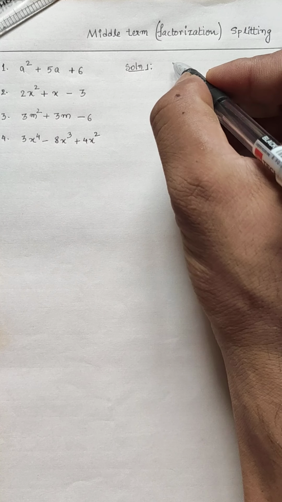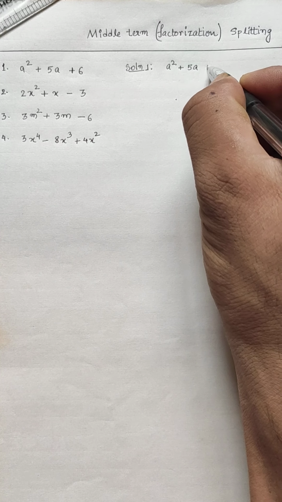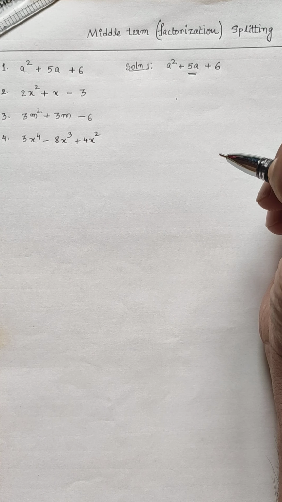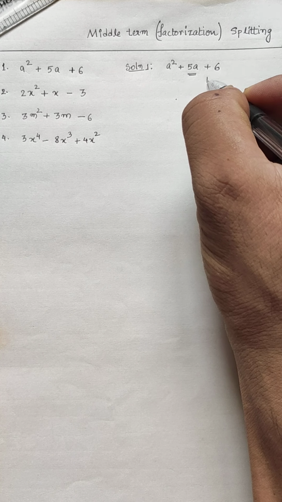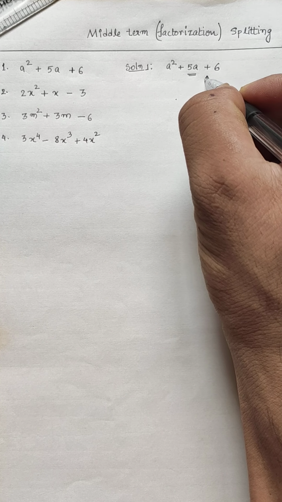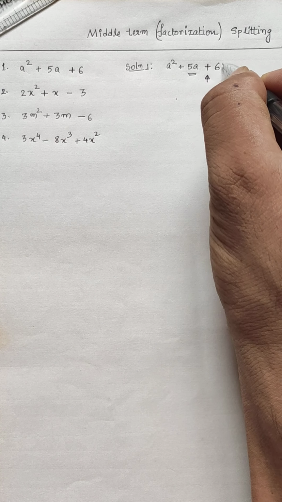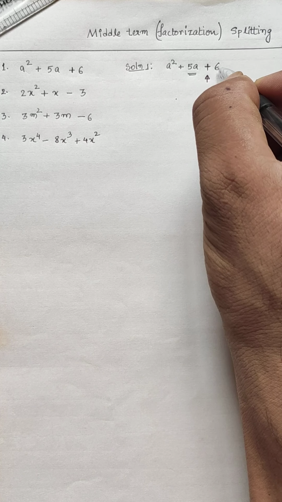While you are solving a middle term factor question, or while you are splitting the middle term, you have to concentrate on the sign that the last number, or last digit, or the last term has.